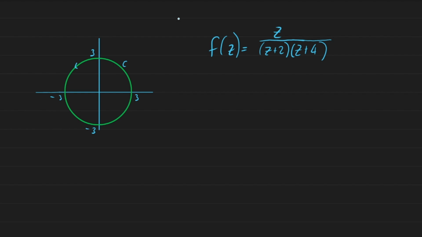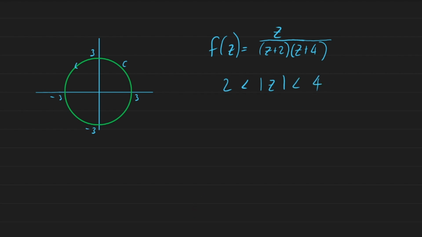Now, the question here is, how do residues help us? Firstly, to even write the Laurent series, this circle of convergence must be present in an annular region. So there must be an annulus around this contour. So we could say, for instance, that this contour could be in the annulus where |z| is between 2 and 4.